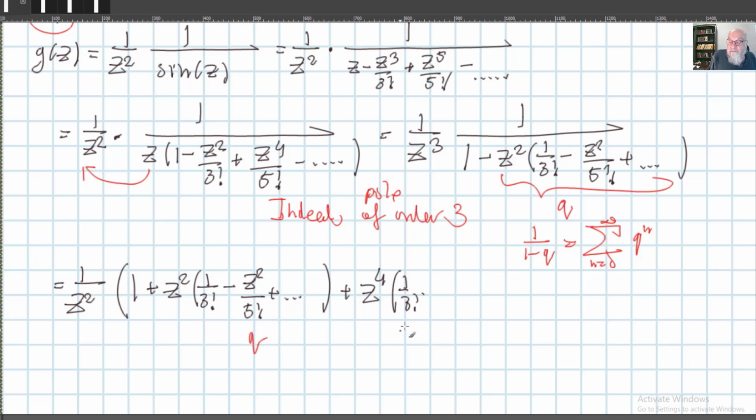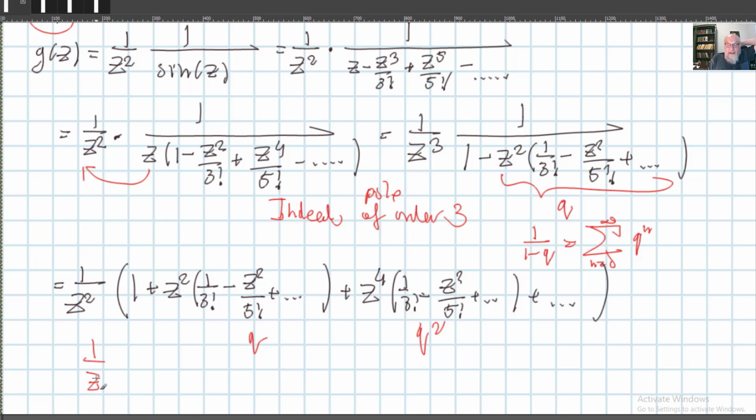This is my q, this will be my q squared, and then minus z squared over 5 factorial plus other terms. And I need the coefficient standing by the power 1 over z.